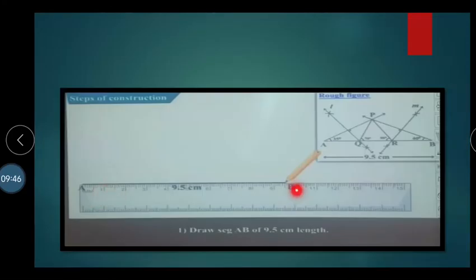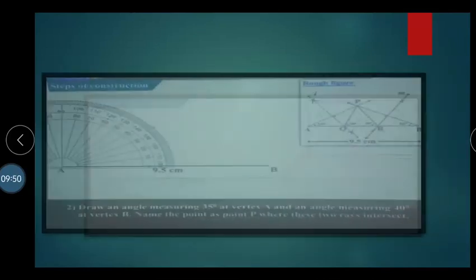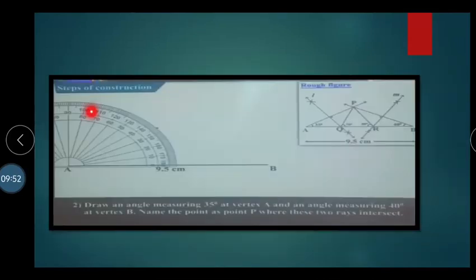Draw seg AB of 9.5 centimeter. Draw an angle measuring 35 degree at vertex A and an angle measuring 40 degree from vertex B. When these two rays are extended, name the point as P where they intersect.